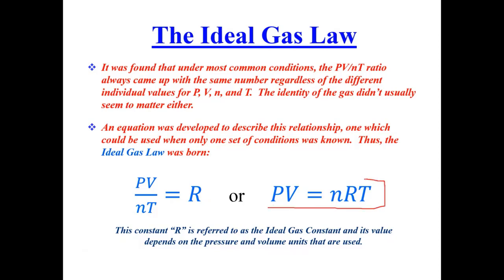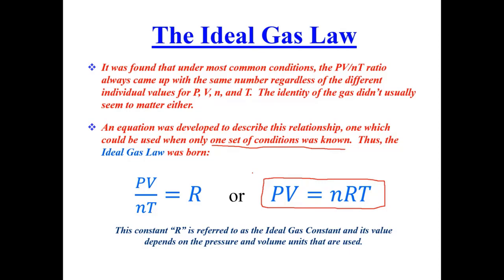This equation allows us, if we have only one set of conditions that we know, to solve for any other conditions that we don't know. For example, if we know the pressure, the volume, and the temperature, we can figure out how many moles of gas we have.